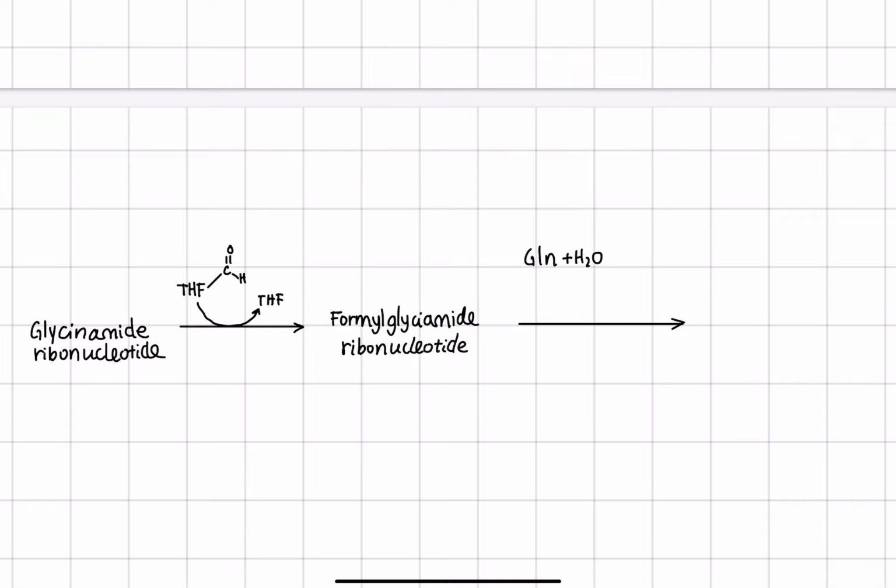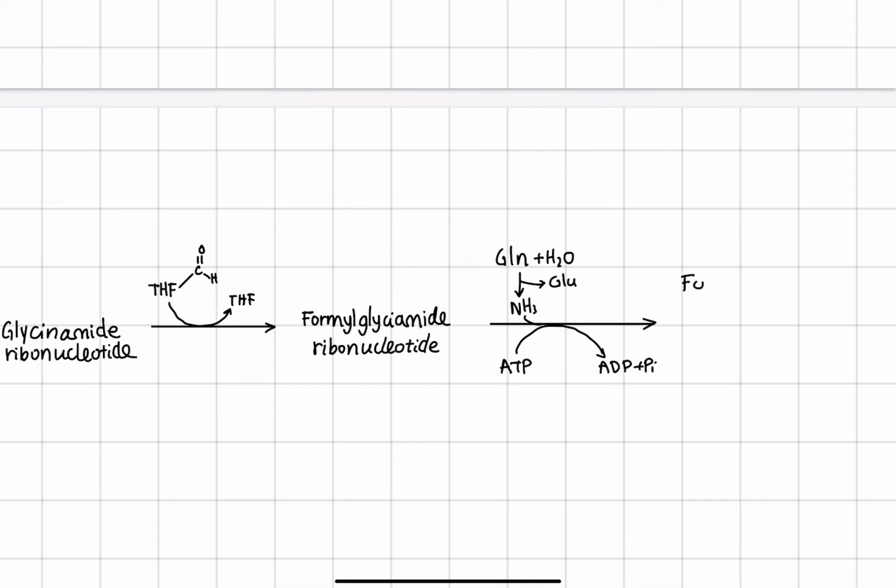You hydrolyze it to give NH3. And then, of course, you use ATP. You get formylglycinamidine ribonucleotide.